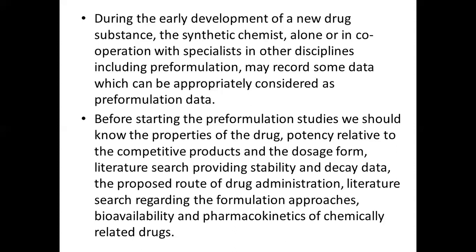If chemically related drugs like its analogs are already present in the market and are also utilized, then what type of pharmacokinetic mechanism they are showing, how they are taken, absorbed, distributed, eliminated, this type of investigation must be done, and data must be collected from an extensive literature survey.